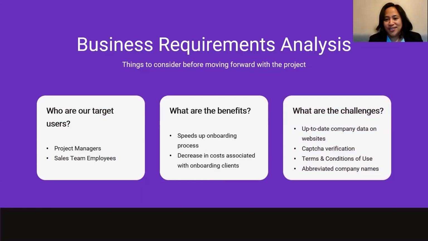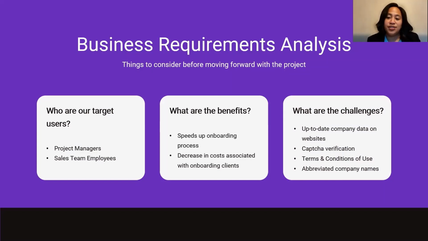And what are the challenges? Well, first is the up-to-date company data on websites. These websites rely on the actual company to update their details. If they don't keep up with their details, it's hard to actually verify if it's up to date. Second, CAPTCHA verification. It's the enemy of all bots. And try as we might, we only figured this was a challenge when we actually tested the bot on the websites.